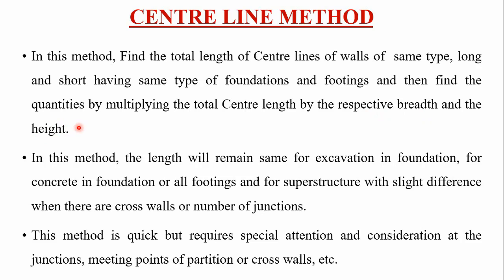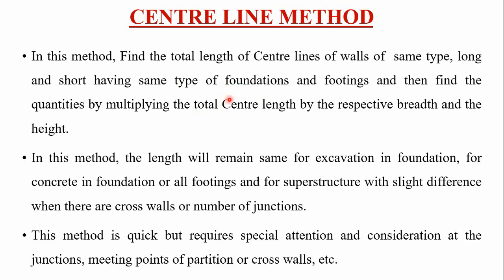By this method we can calculate quantities like excavation, bed concrete, stone masonry works, that is UCRM or size stone masonry works or CRM works, then DPC, then burnt brick masonry.